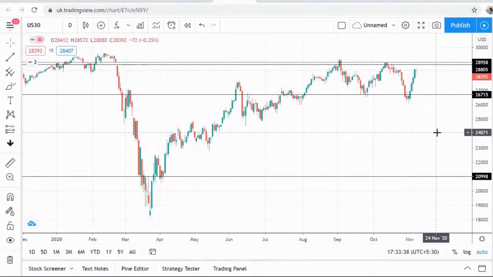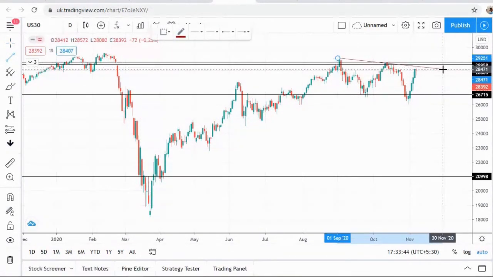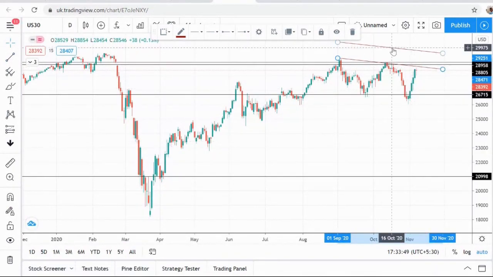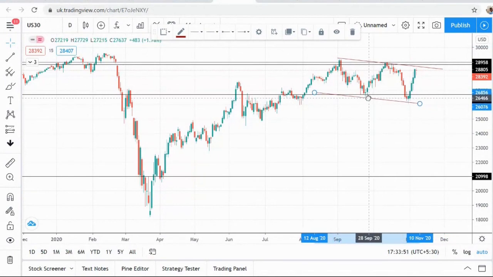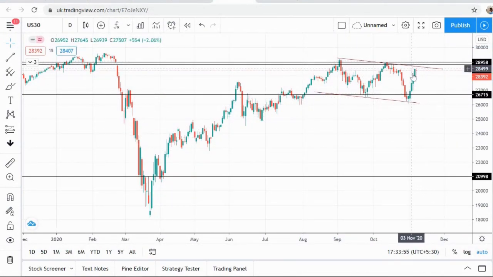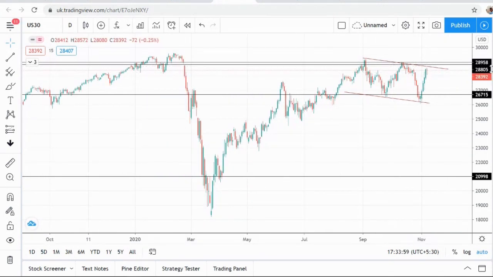If you look at the daily chart, it's moving in a channel. If you try to plot it, it will look something like this. That's how it's moving, and now it is trying to resist here. Also note these two lines that are marked, 28,800 and 29,000.